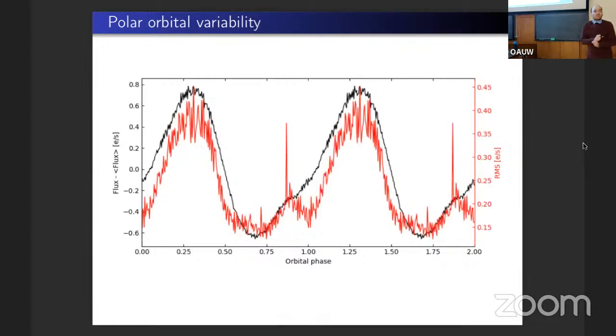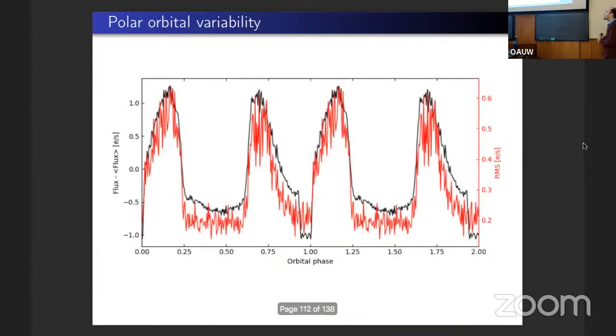And the same is seen in other objects, for example, here, where there is completely no eclipse of the light, of the mean brightness, but there is an eclipse of the amplitude of flickering. And here is also a very interesting case. The light curve is slightly different because we have two poles.